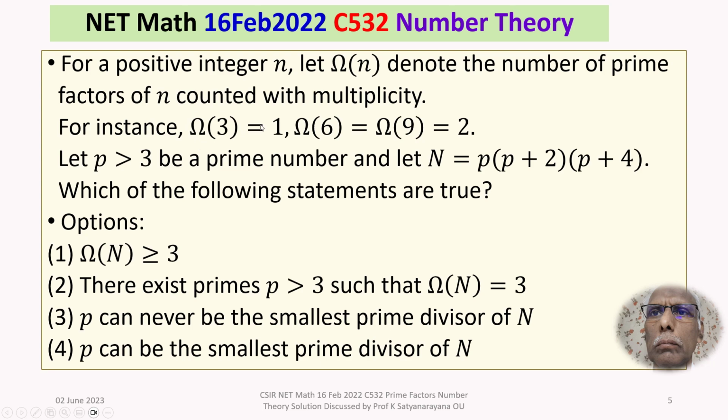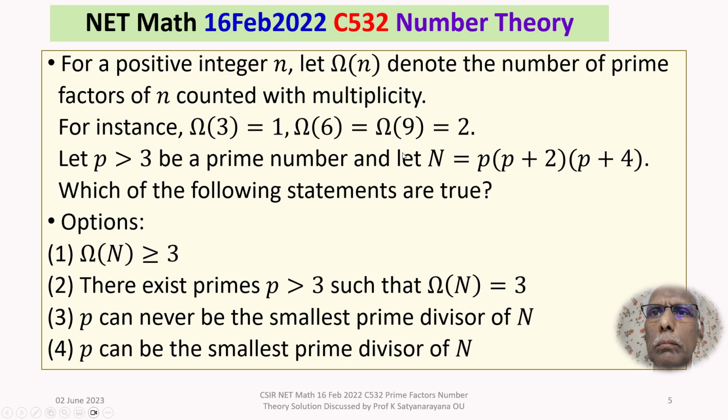Omega of 3 is equal to 1. Why? Because 3 has only one prime factor, namely 3. Omega of 6 is equal to 2 because 6 has prime factors 2 and 3. So it has two prime factors, namely 2 and 3. Therefore, omega of 6 is equal to 2.